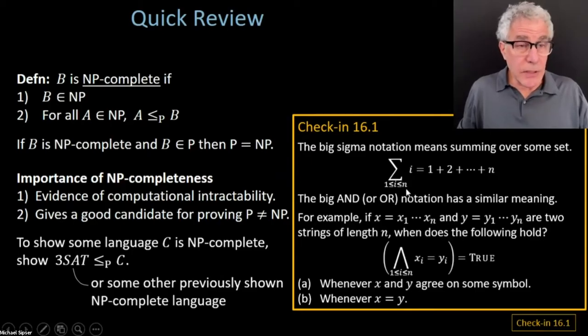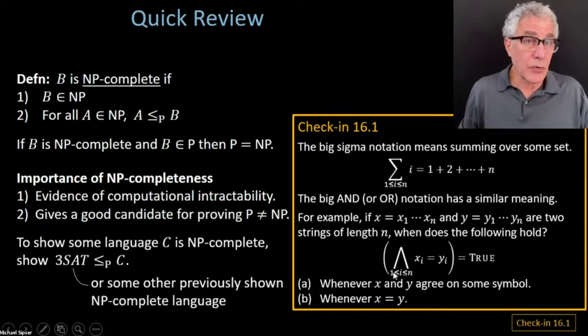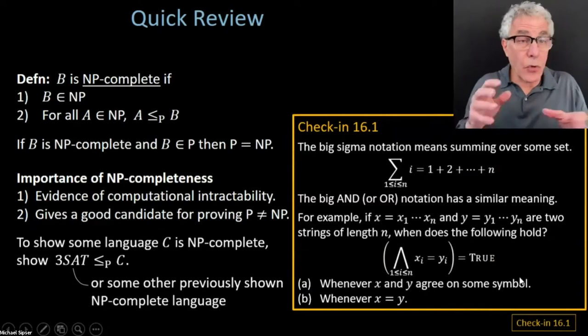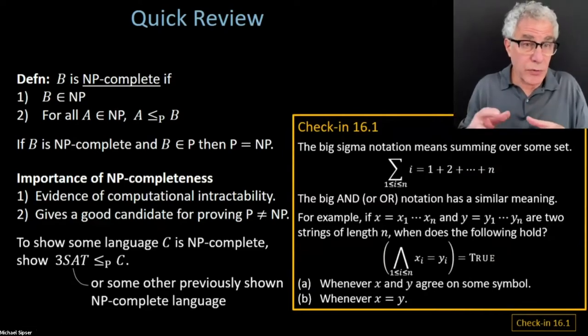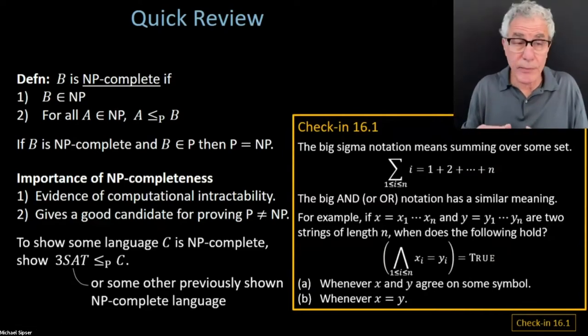Just as there is the big sigma notation, you can have other operations that apply to a set of elements. In this case, we're going to be seeing the big AND and the big OR operation. It's a notation which allows us to talk about taking the AND of many things or the OR of many things, because we're going to be building these Boolean formulas, and so ANDs and ORs are going to be the operations we focus on.